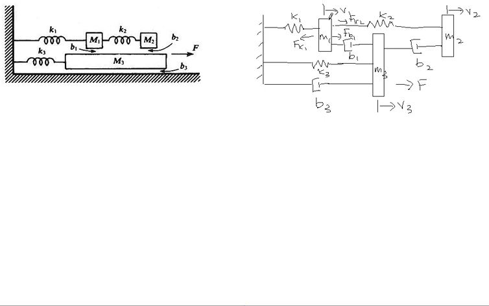Considering the force relationship for mass 1, we have Fk1 minus Fk2 minus Fb1 equals 0.